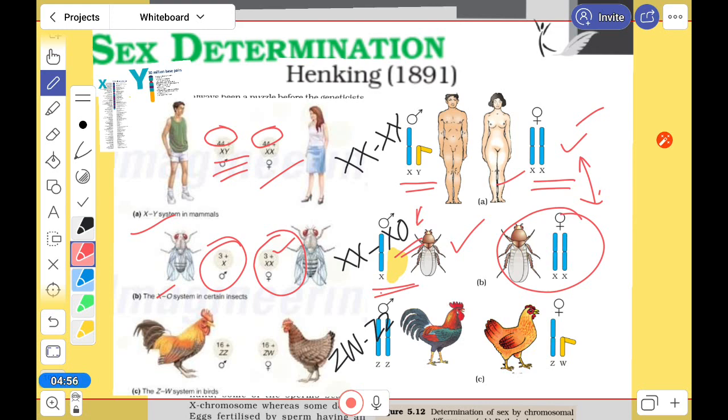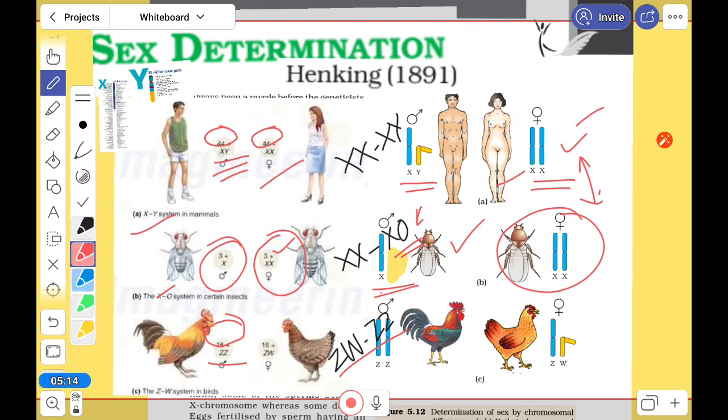Now the third type, the ZW-ZZ type. Look at this carefully. Here in the male, this is the autosome, and the sex chromosome is homogametic.